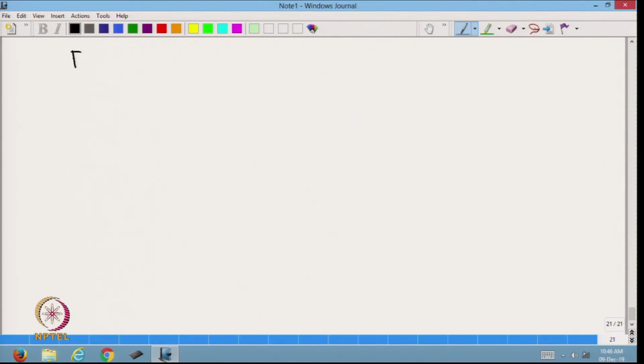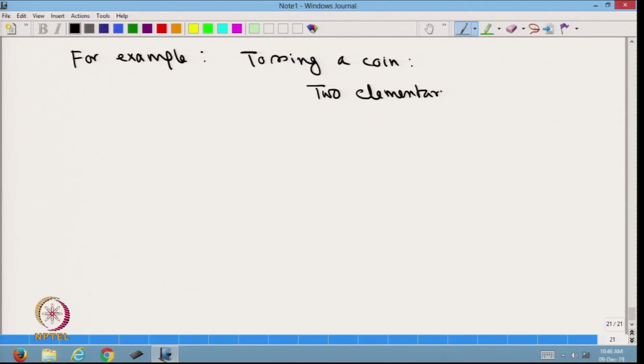For example, tossing a coin, two elementary events, H and T.